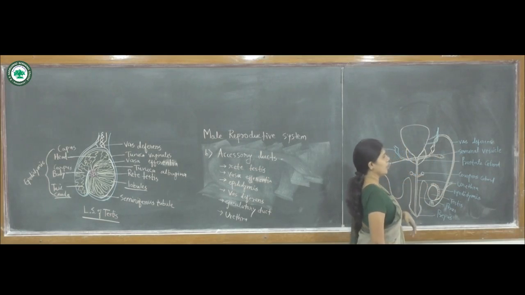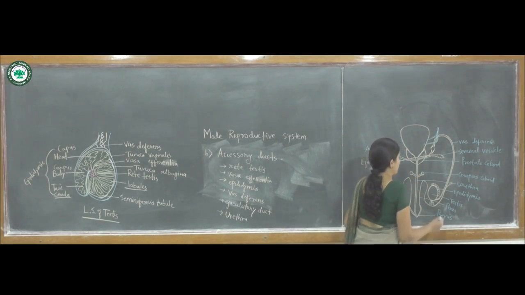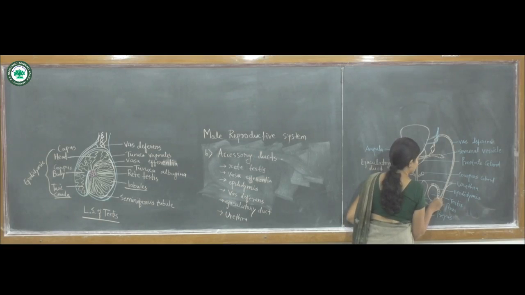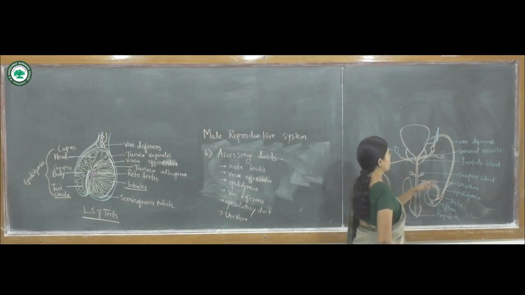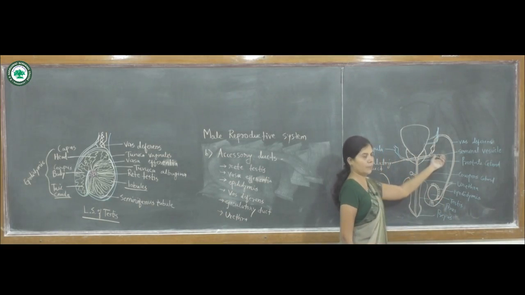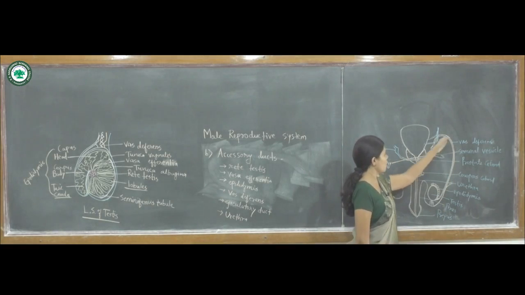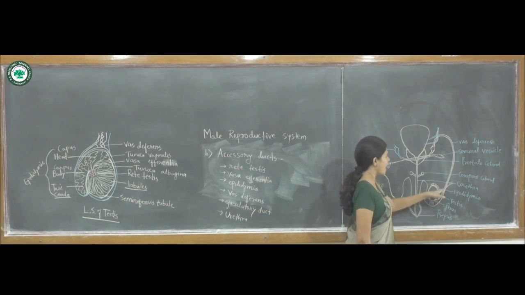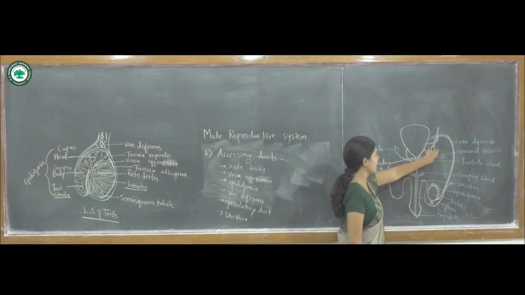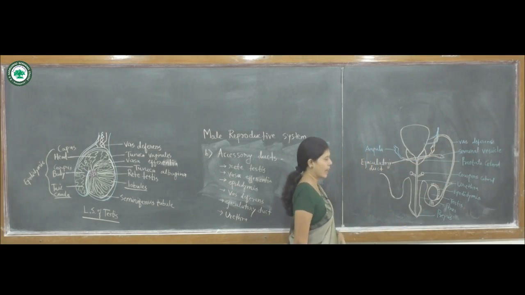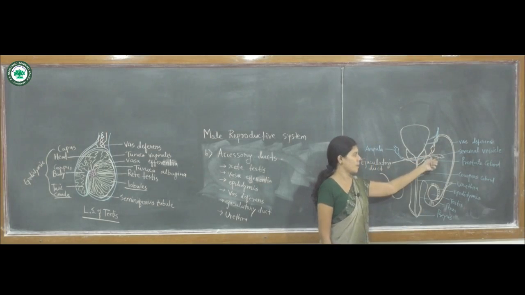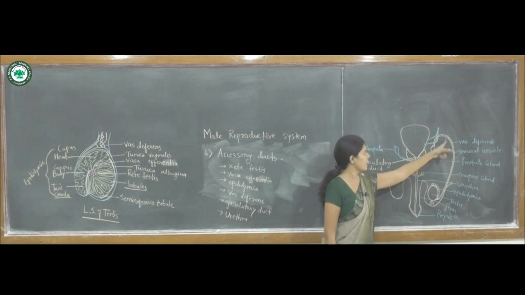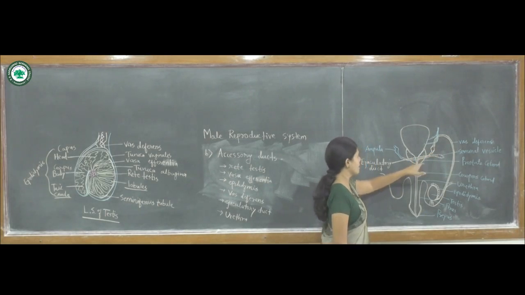The vas deferens is a very long tube which is derived from the epididymis, or we can say the testis, and it is joined to the seminal vesicle at a single point.